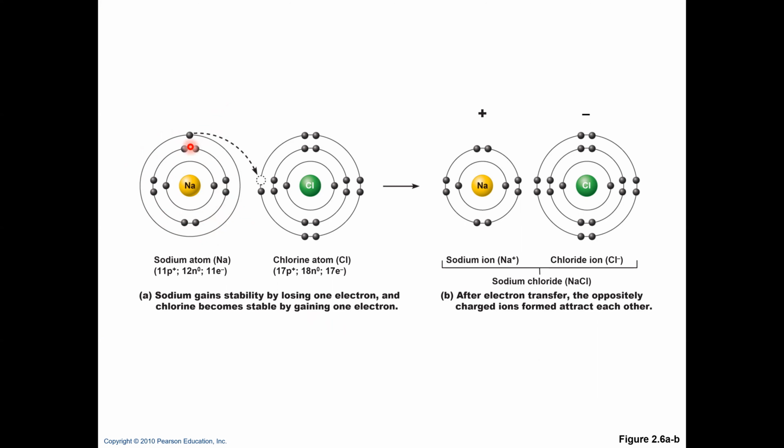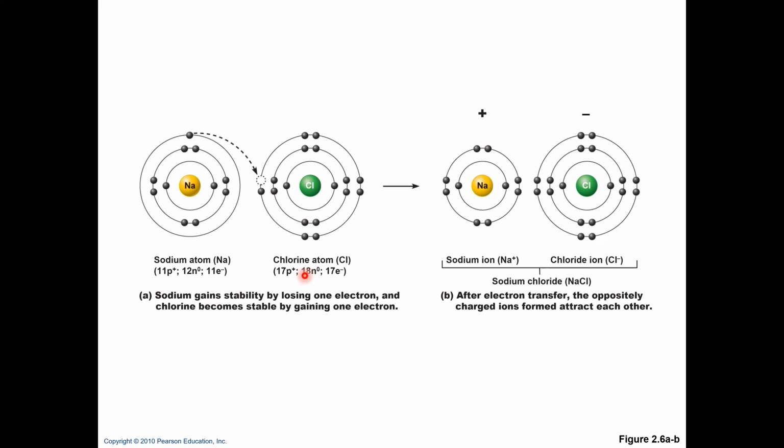Sodium doesn't want anything, but it's stable when it has 8 electrons on the outermost shell, right? So sodium has a tendency to lose this electron.